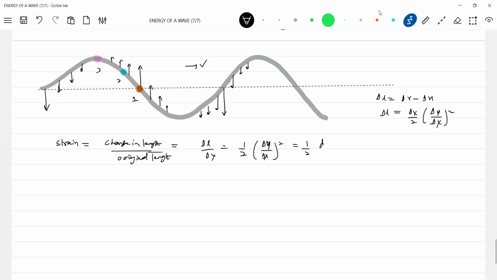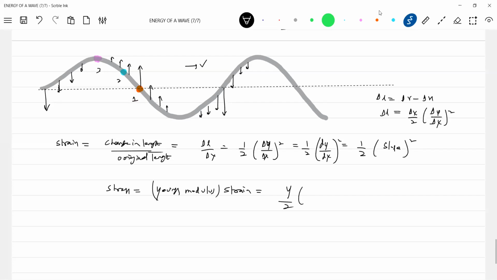So this is nothing but dy by dx whole square. So if I give slope, can you tell how much of strain? Yes. Can you tell how much of stress? What is the stress? Young's modulus into strain. So this will be Y by 2.